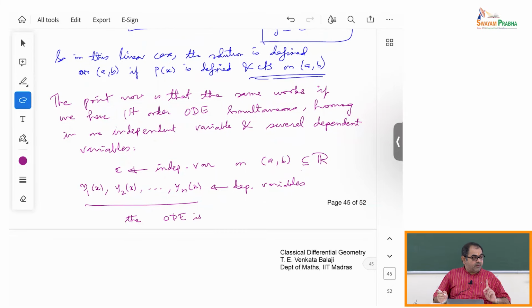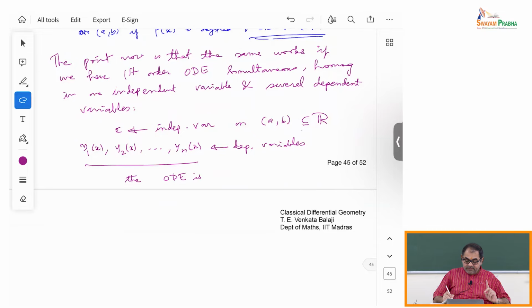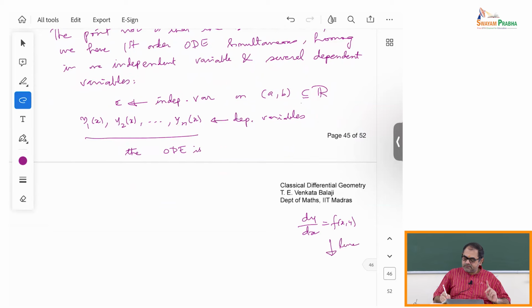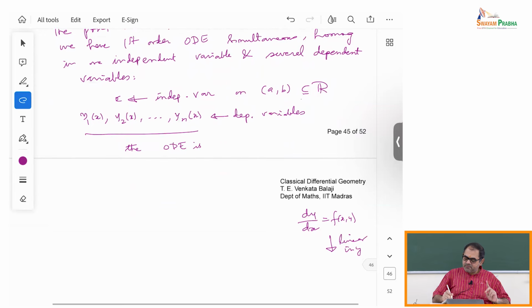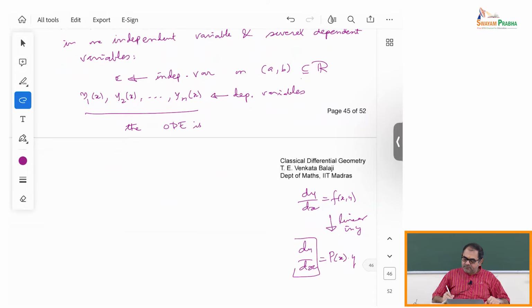recall in the one dependent variable case, what was it? Originally it was dy/dx equals f(x, y). If it is linear in y, it becomes dy/dx equals p(x) times y. So basically the derivative of the function is a function of x times y.